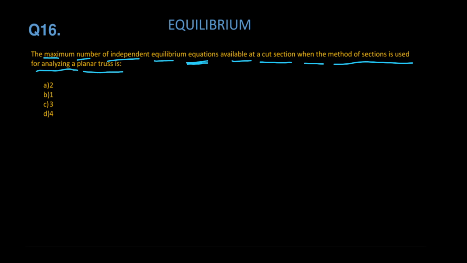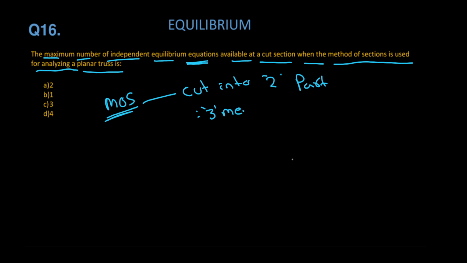See, I was saying in the last video about the method of section. In the method of section, what I was saying is, cut the section into two such that a maximum of 3 members are cut.